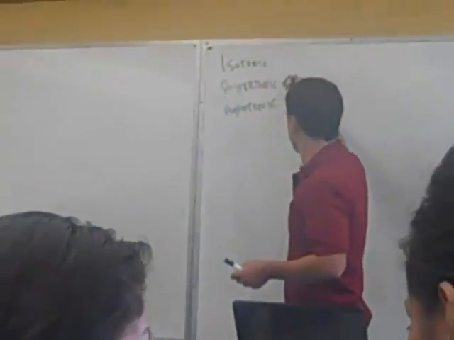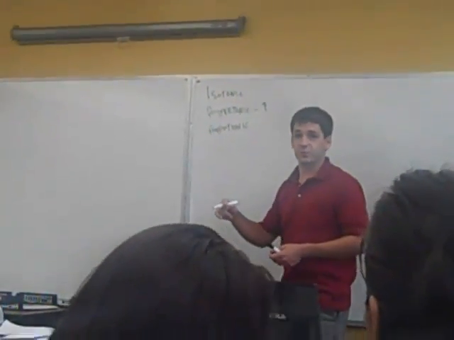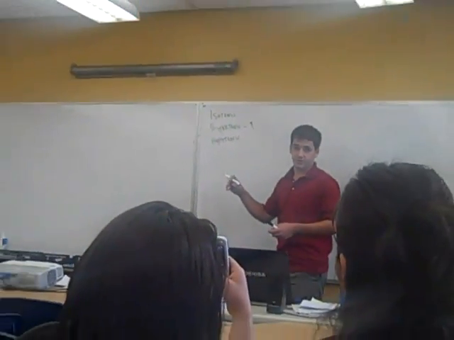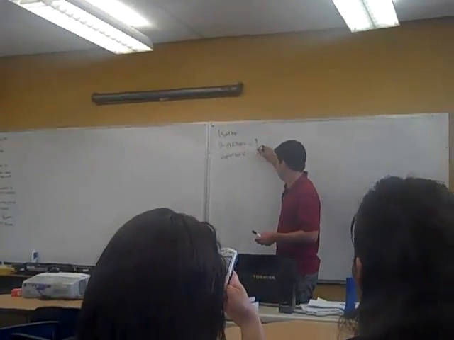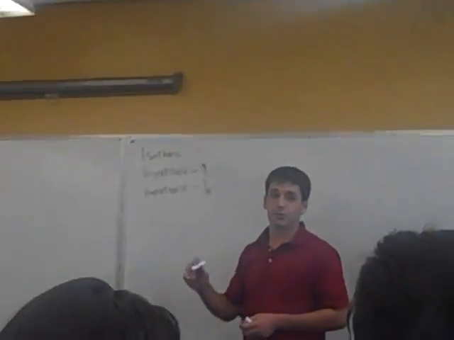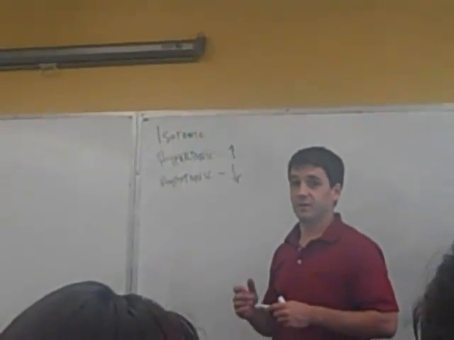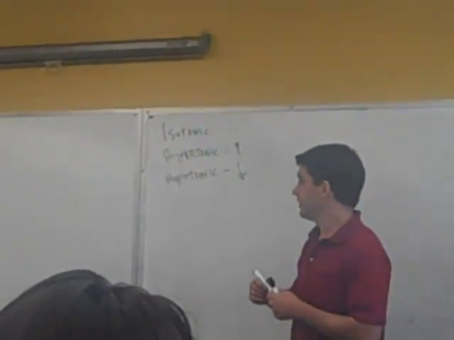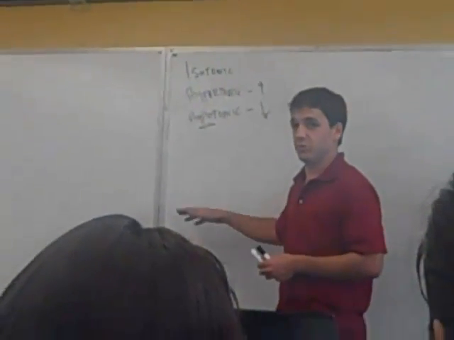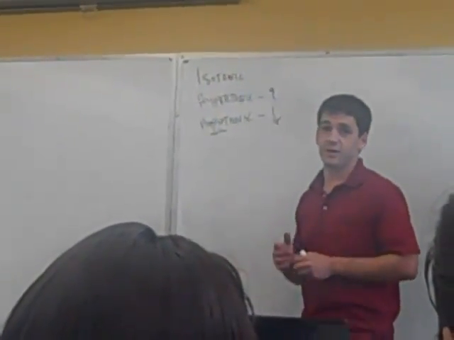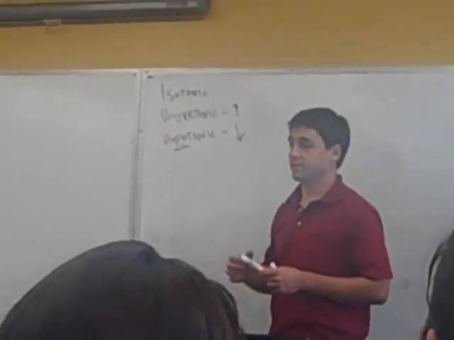Okay, so hyper is high. Angelica, which one's the low solute concentration? Hypo, good. You can think of hypothermia. It means you're really cold and you turn blue. Hypo means low, thermal means heat, so that's low heat. Okay, what's isotonic? The same.